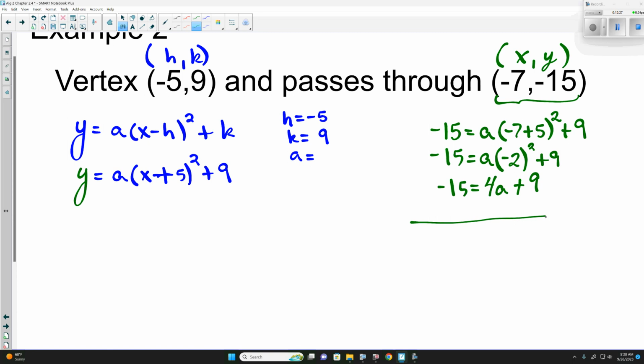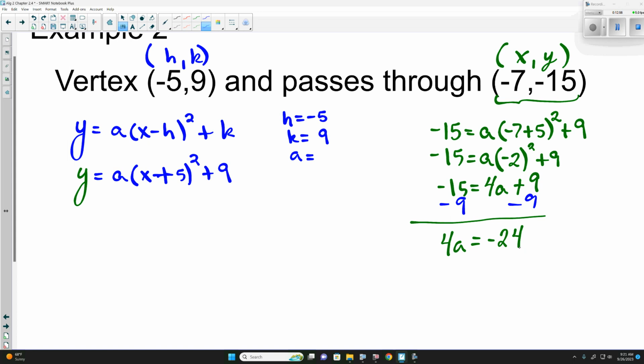Now we need to get a by itself, and the first thing we can do is subtract 9. It's not incorrect to divide everything by 4. I just wouldn't do it first, because it is a proper step to do it, but if we divided it by 4, we'd have to divide the -15, the 4a, and the 9 by the 4.